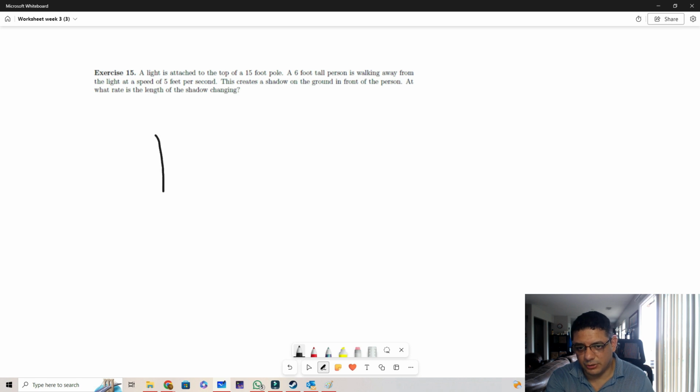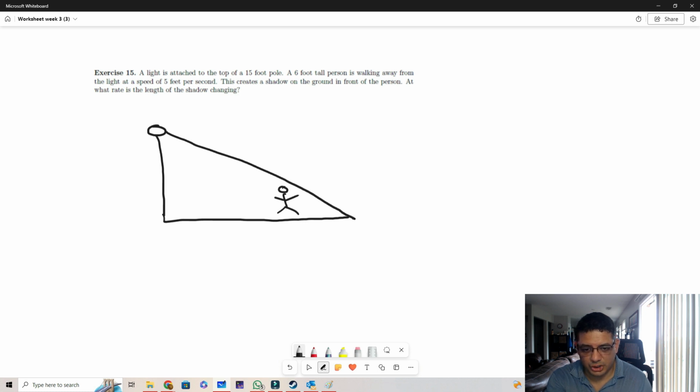So we have a situation where we have a pole, and then the light is over here, and there's a person that is walking down over here, and this person is 6 foot, right, and is walking away from the light at a certain speed. This is going to create a shadow. So the shadow that is projecting is here. And so we want to know what is the rate at which the length of the shadow is changing.